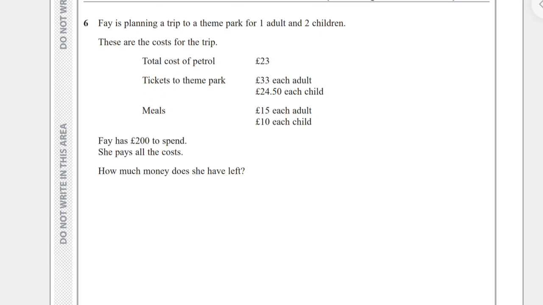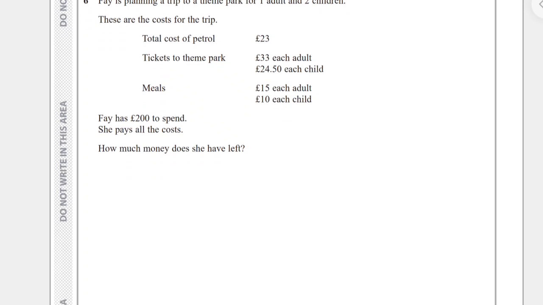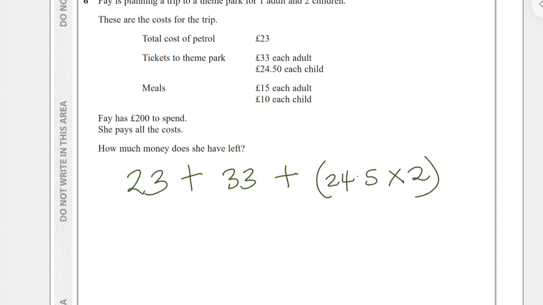How much money does she have left? So what we have to do is to calculate the total cost. First of all, we have 23 for petrol plus 1 adult and 2 children. So that will be 33 for 1 adult for the cost of ticket plus 24.5 multiplied by 2 for each child, then plus 15 for 1 adult plus 10 times 2 for the children.